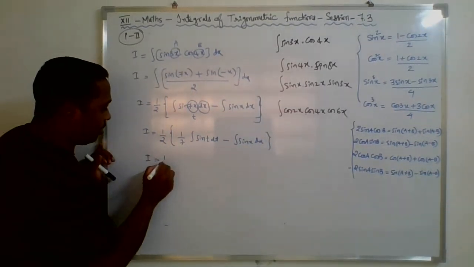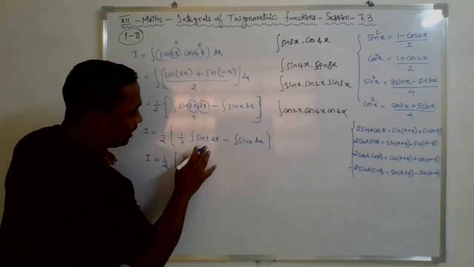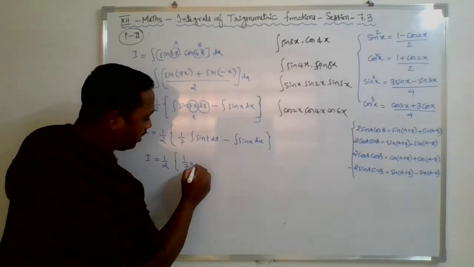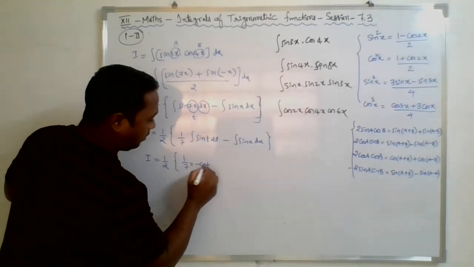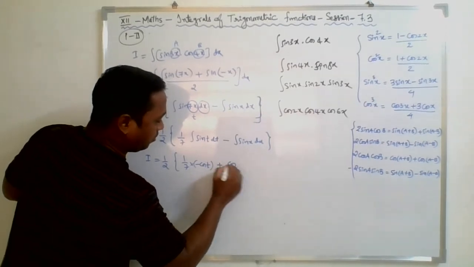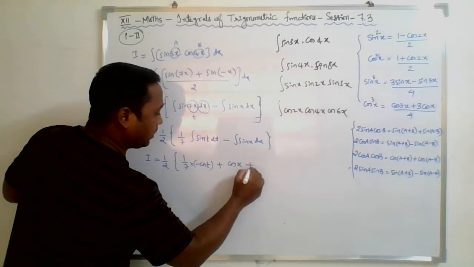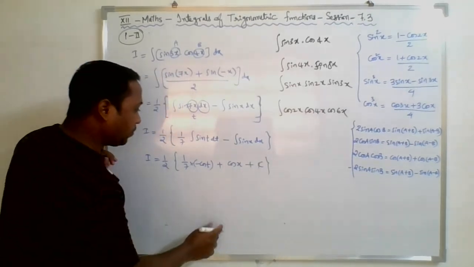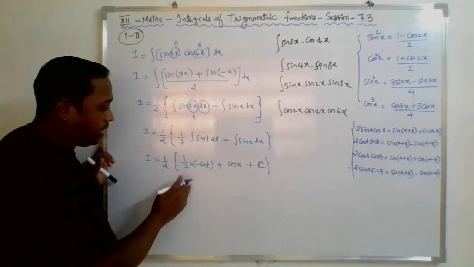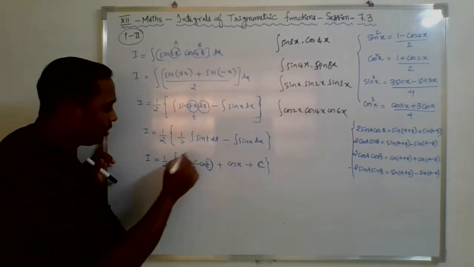So now I can write half of 1 by 7 of sine t, derivative is what? Minus cos t, right? Similarly here minus cos x, and you may also write plus c over here. And then multiply inside and replace t with the original function, that is 7x.